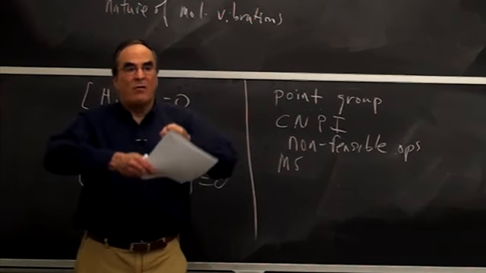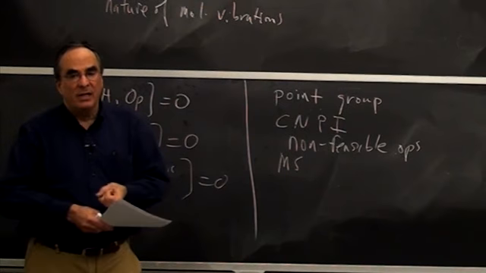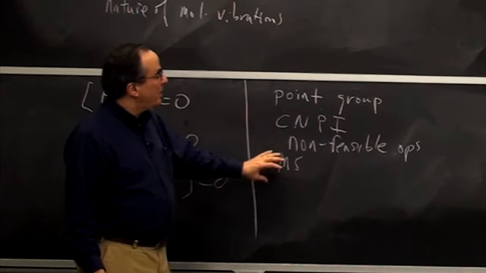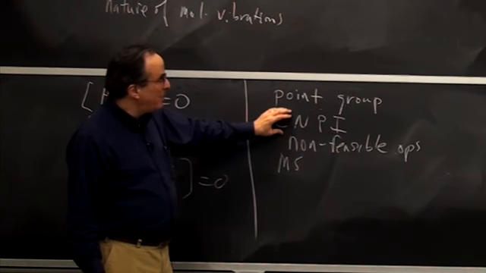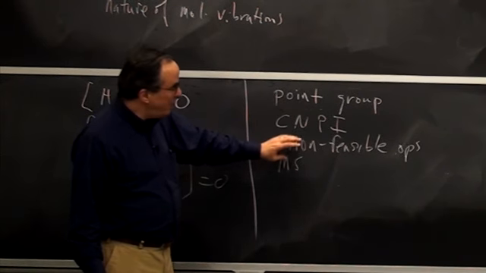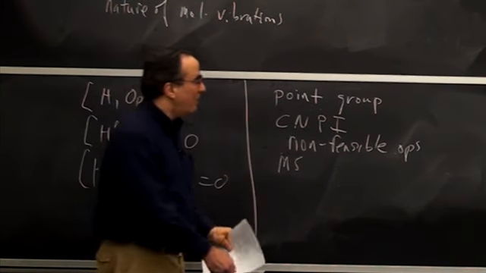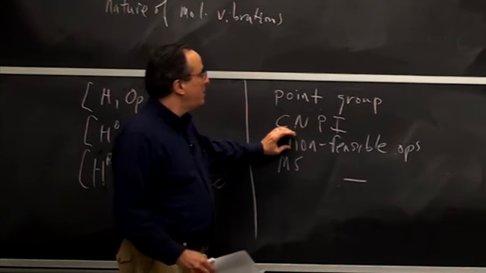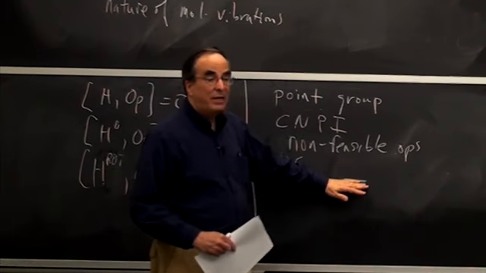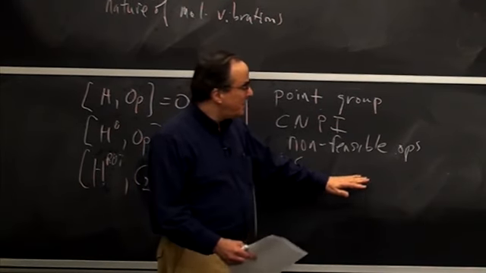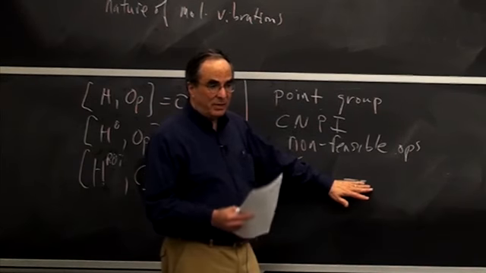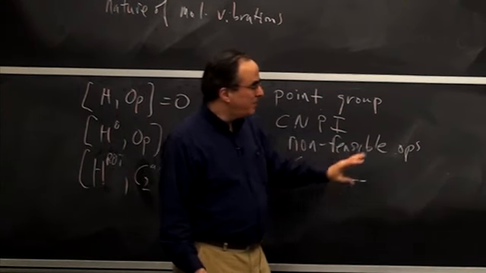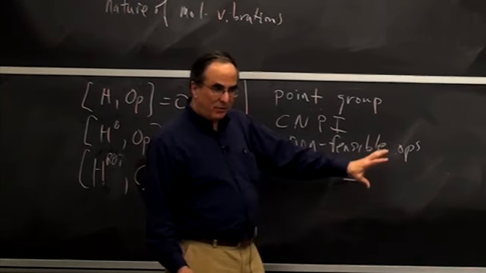However, when you have really high excitation, really large amplitude motions, there become more and more of the elements of the CNPI group that become feasible, become relevant. And when you say I've neglected a symmetry operation because it's non-feasible, that really means that the energy states have a built-in degeneracy. And when what had been non-feasible becomes feasible, some of that degeneracy gets lifted.